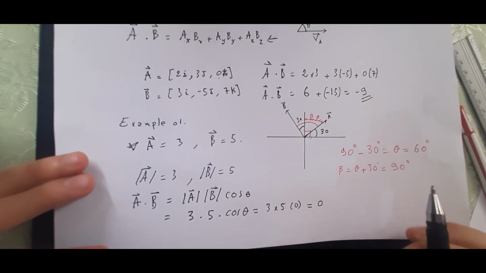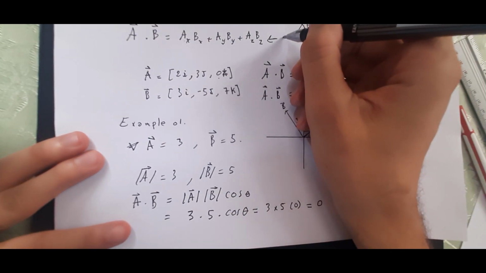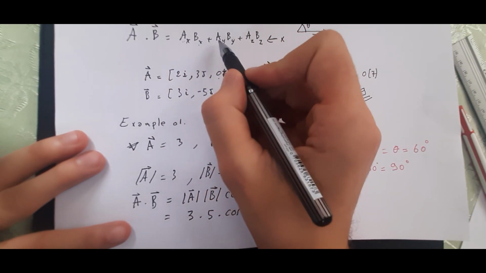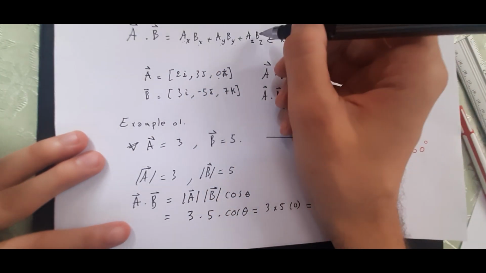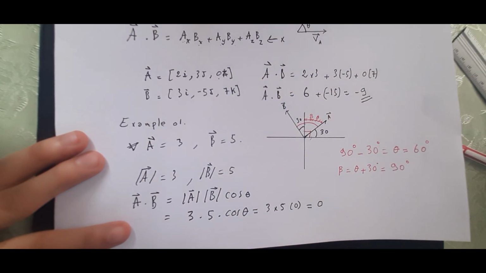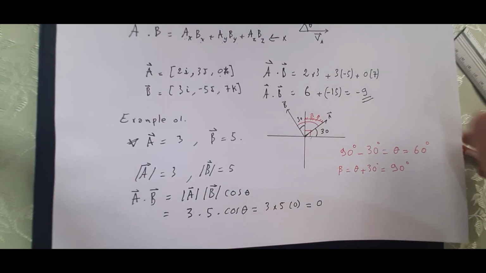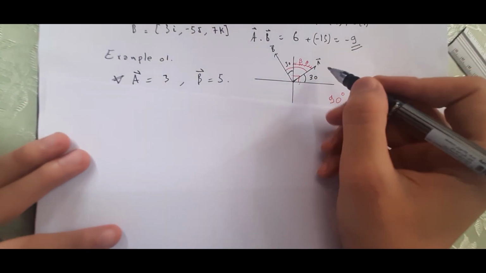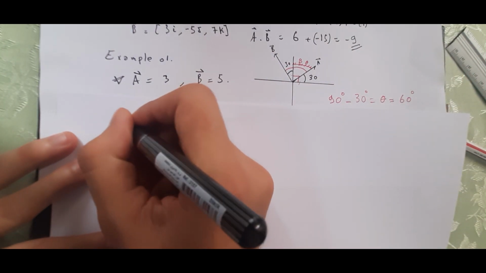Now let's solve the same problem using this formula. So we have defined AX, BX, AY, BY. We don't have AZ, BZ. So what we have to do, let's say we have a vector, let's say AX.